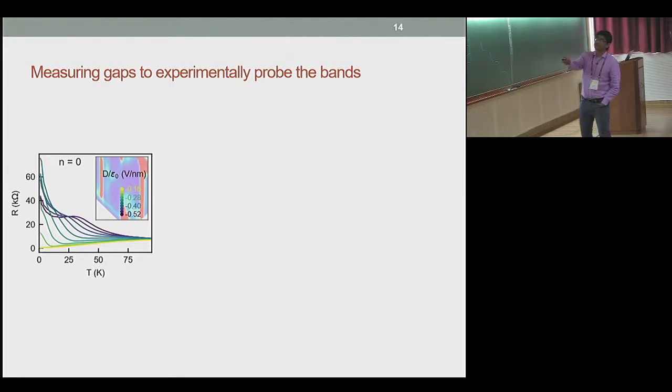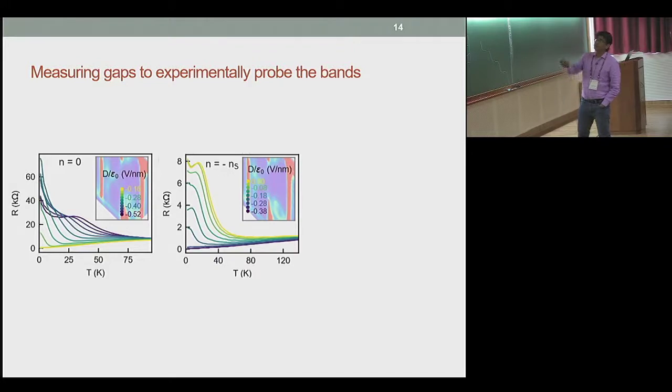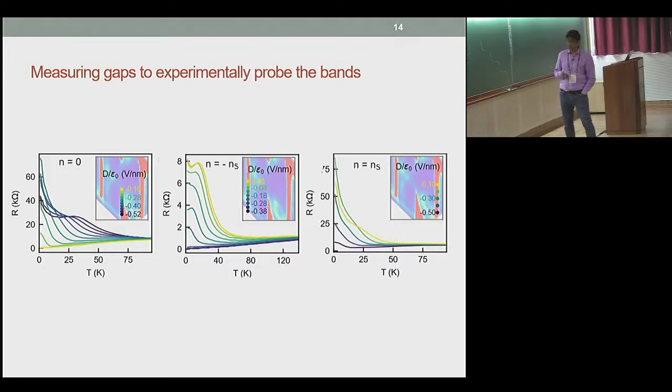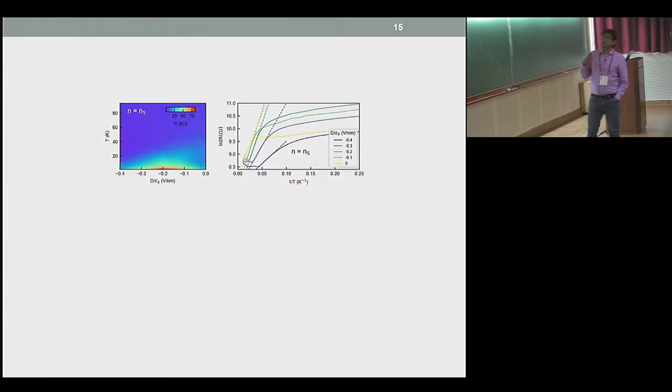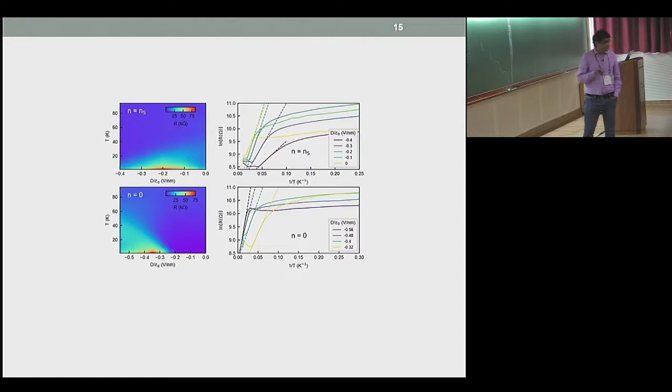Y-axis is electric field, x-axis is density. So you can position it very nicely at different points, and you can see different kinds of metal insulator transitions in the system. And these metal insulator transitions can be used to extract important energy scales of the system. This is at one of the Moire gaps. You can actually do detailed measurements, which is what Pratap and Subhajit have been doing.